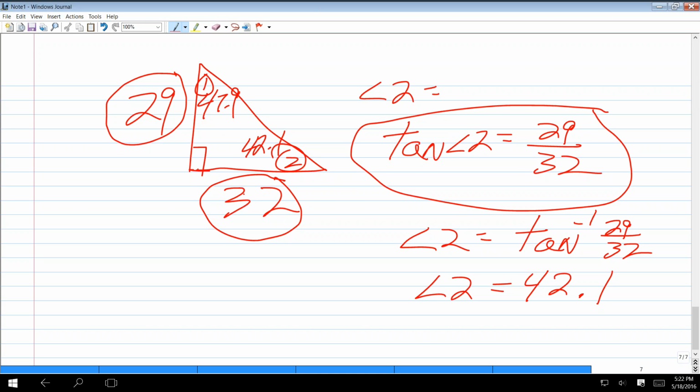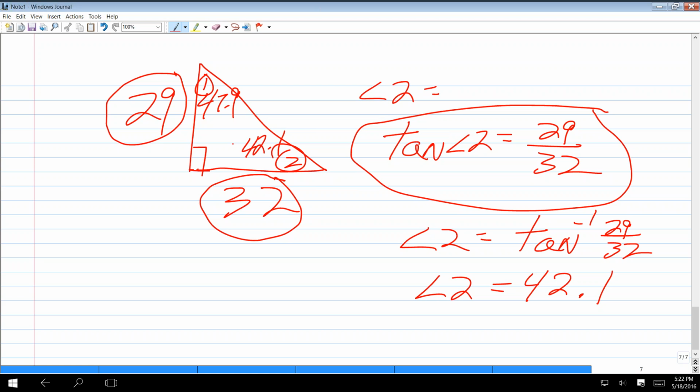The picture, they made it look a lot different. I don't know. They made the shortest side look a lot shorter. Yeah, they won't always draw it to scale, but you don't need it drawn to scale. I drew it closer to scale.